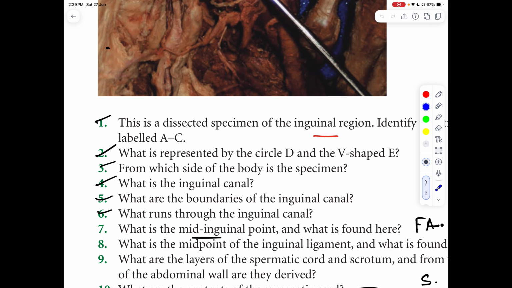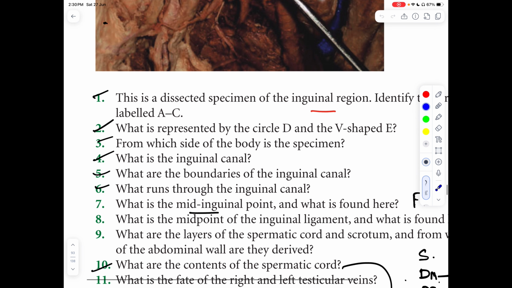Posteriorly is the transversalis fascia, reinforced medially by the conjoint tendon. Inferiorly are the rolled edges of the external oblique. What runs through the inguinal canal? The spermatic cord is the basic thing, the round ligament in females, and the ilioinguinal nerve.